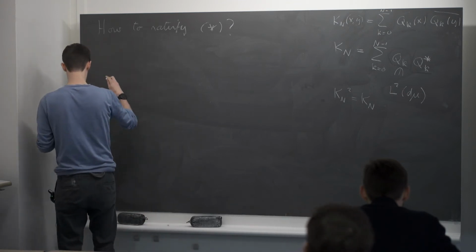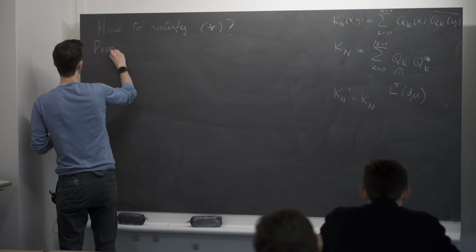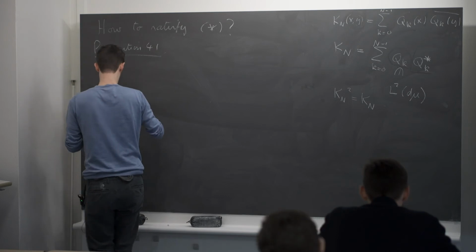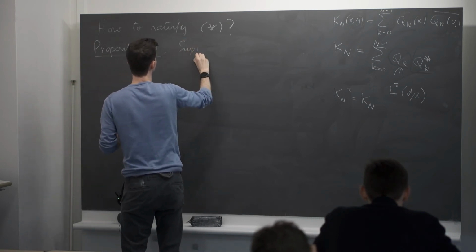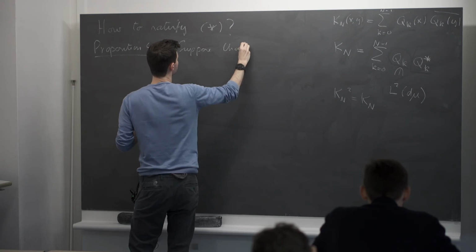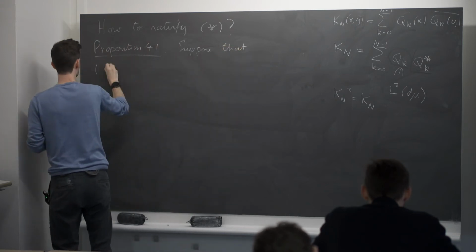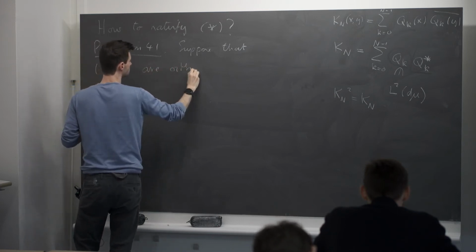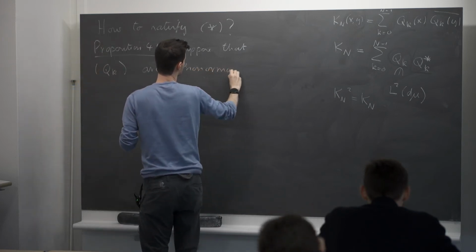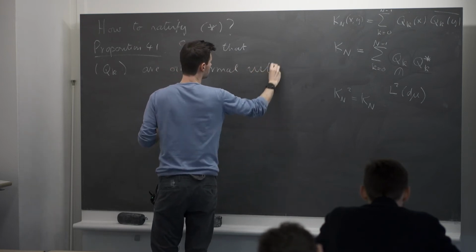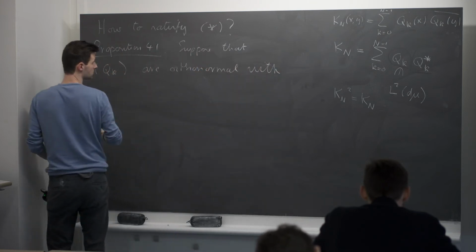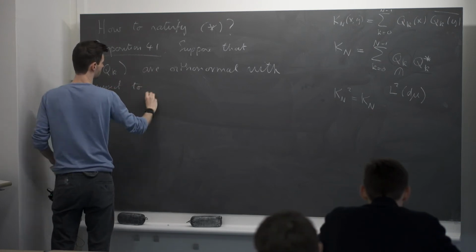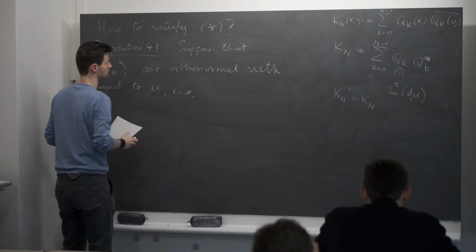So the claim is the following. Suppose that these qk's are orthonormal, with respect to mu. Everything is always with respect to mu. So what does this mean?